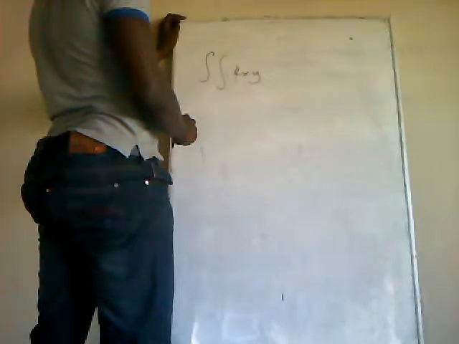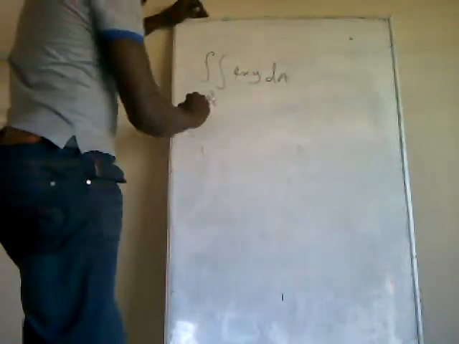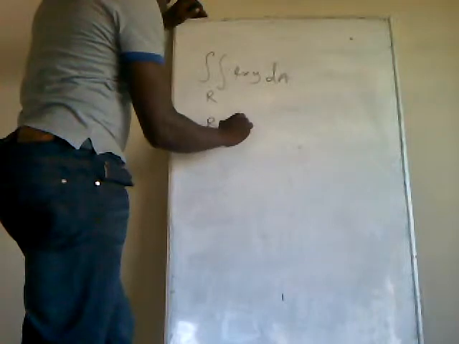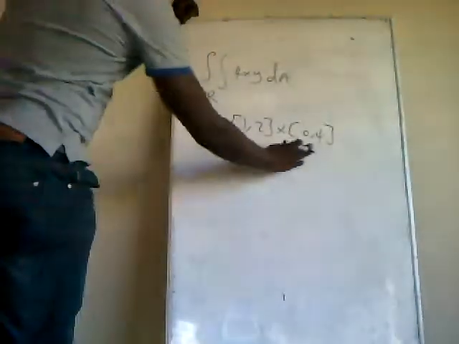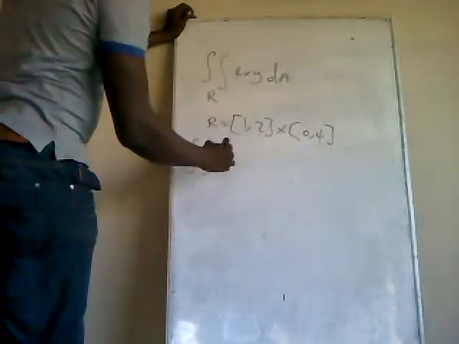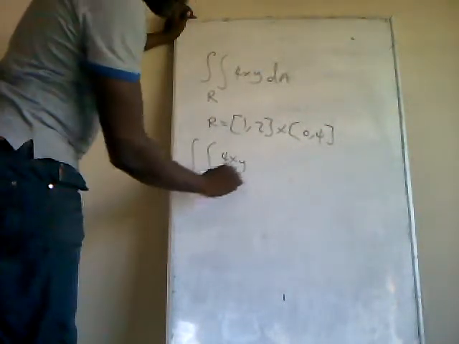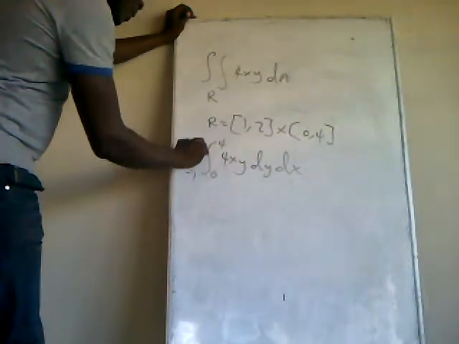If I am to integrate 4xy over this R, where R is 1 to 2 cross 0 to 4, Fubini says that if I decide to integrate first with respect to y, then I'm going to write 4xy dy dx, and here my limit for y is 0 to 4, that of x is 1 to 2.